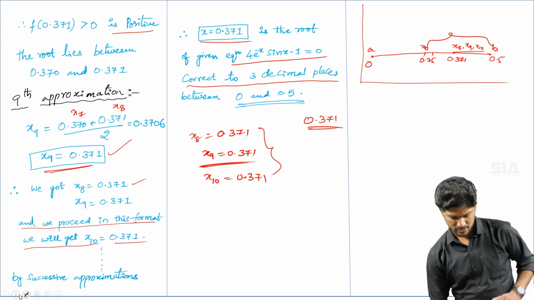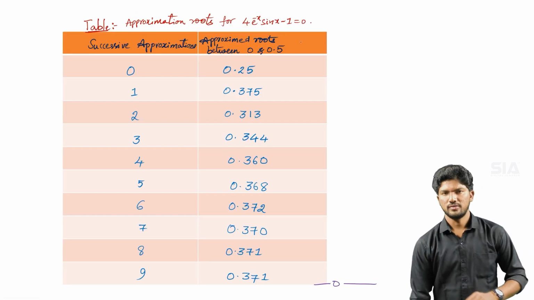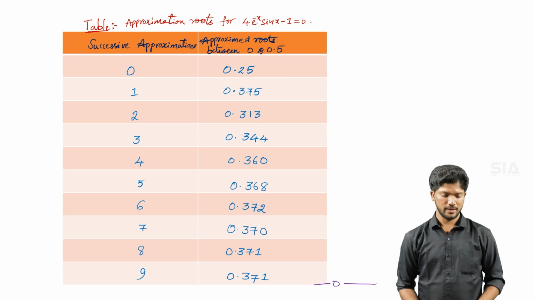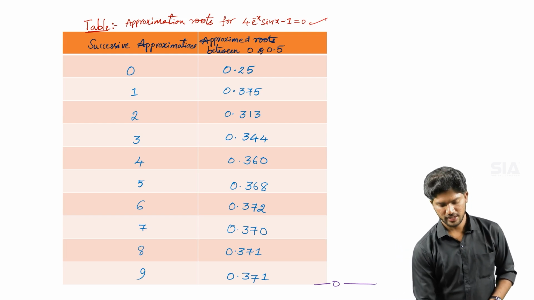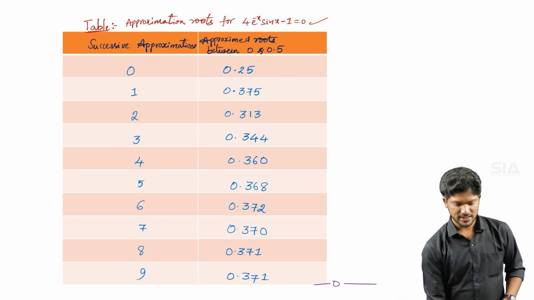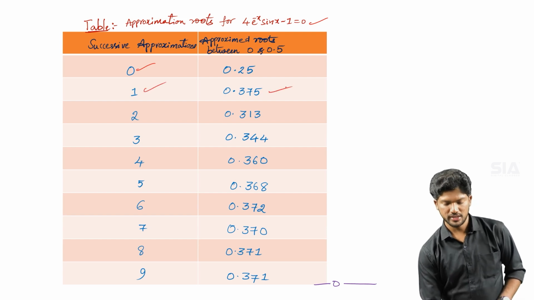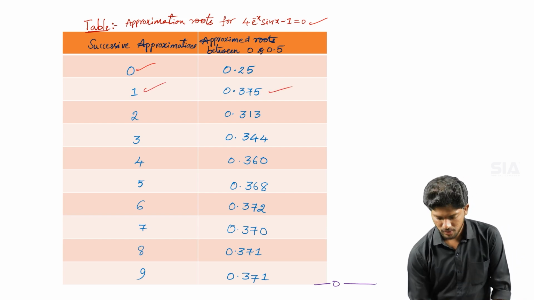So the next slide we have the table. For each and every problem you have to write the table in this format. Table: approximate roots for the given transcendental equation, successive approximations, 0 approximation, first approximation 0.375.